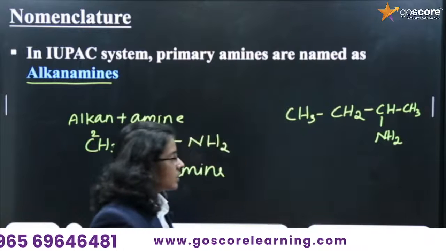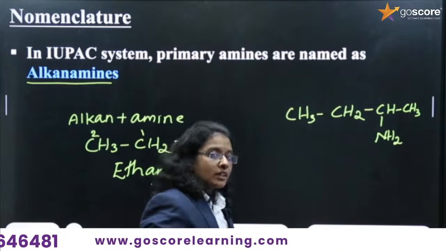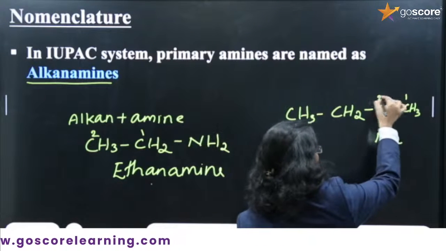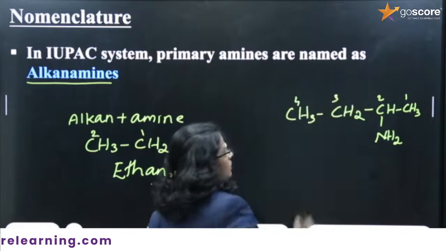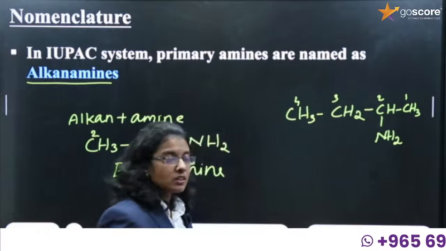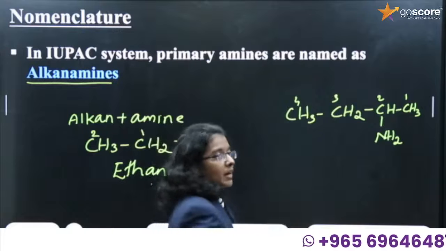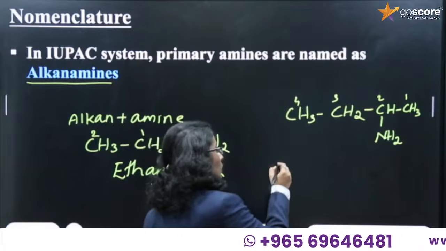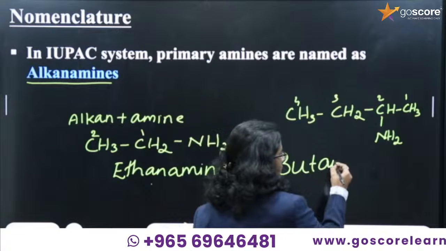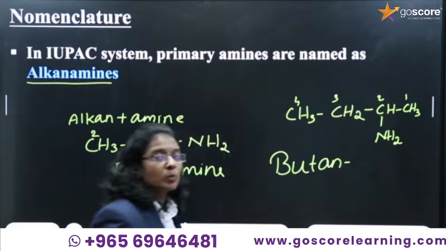CH3. So first you have to find the longest chain of carbon atoms. So 1, 2, 3, 4. On the second position there is an amine. So if it is 4 carbon atoms, the naming will be but, butane, and then you have to indicate the position.